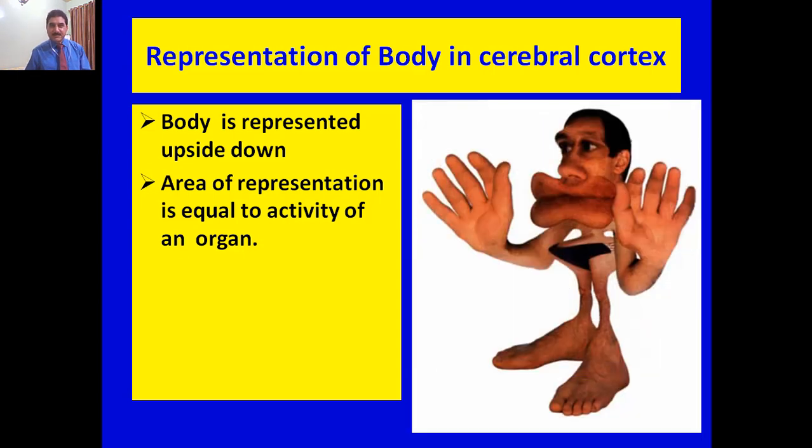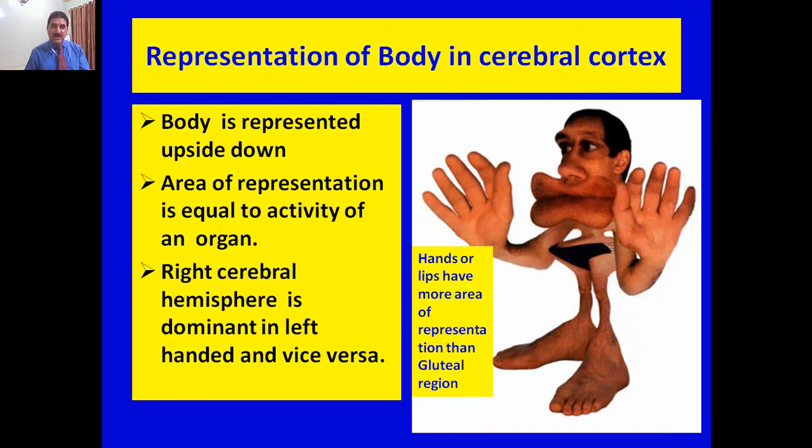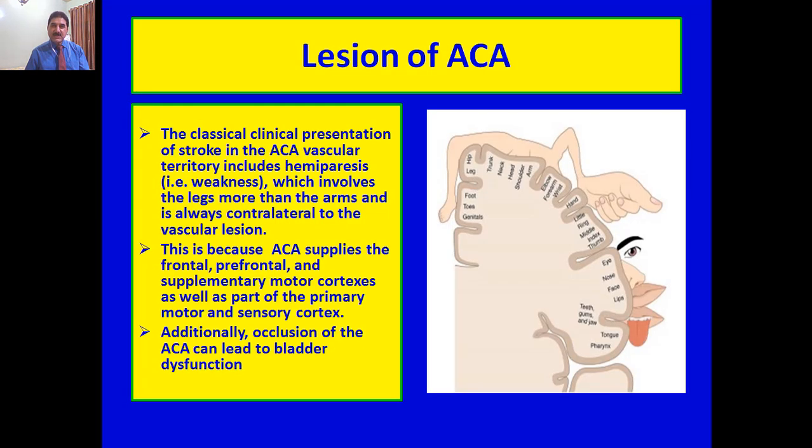For example, as shown in this diagram, hands, lips and feet occupy more representation in the cerebral cortex than the trunk and gluteal region. Right cerebral hemisphere is dominant in the left-handed persons, and left cerebral hemisphere is called the dominant hemisphere in the right-handed persons.